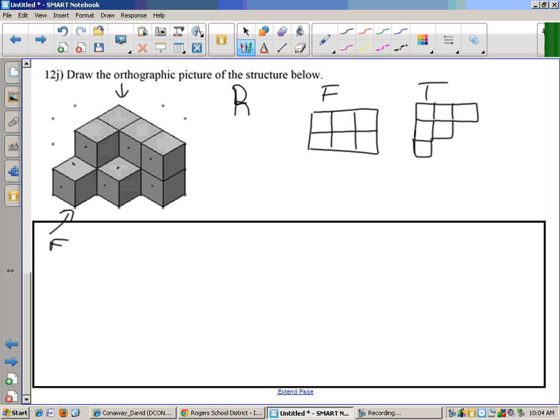That is what I see from the front. Finally, what do I see from the right? I see this block, this block, this block, this block, this block.